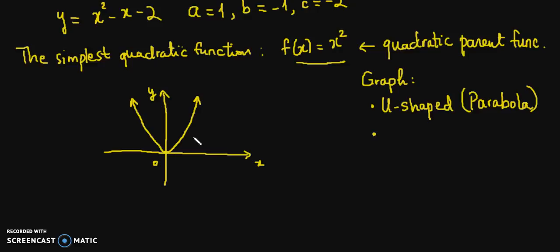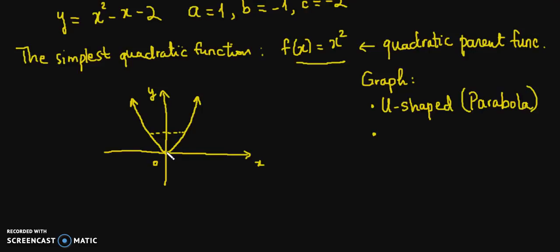It's U-shaped, but the interesting thing here is that if you fold the parabola at the y-axis, the two halves of this graph will match together.